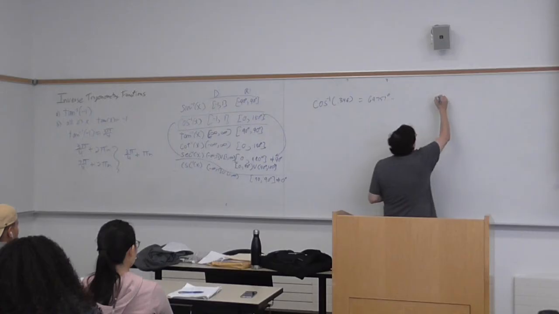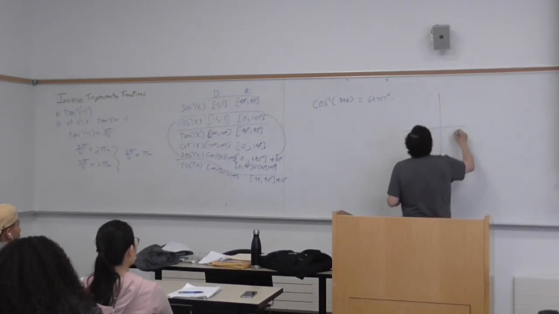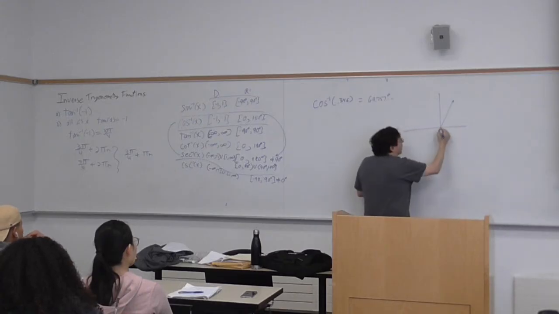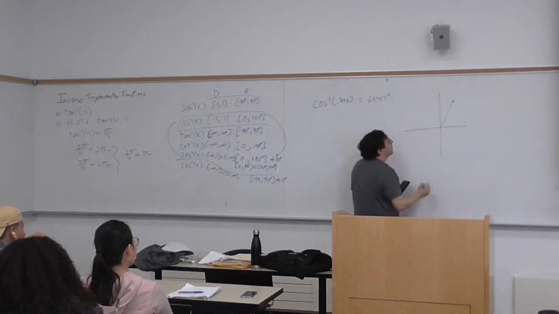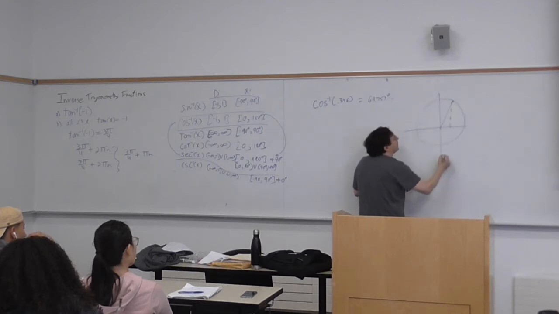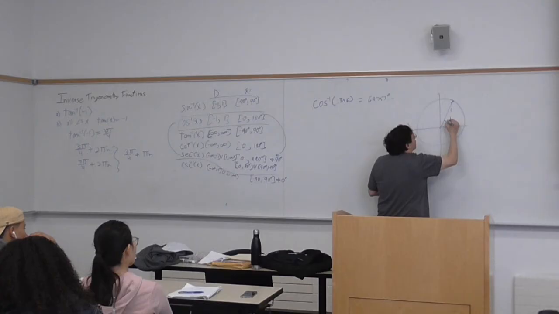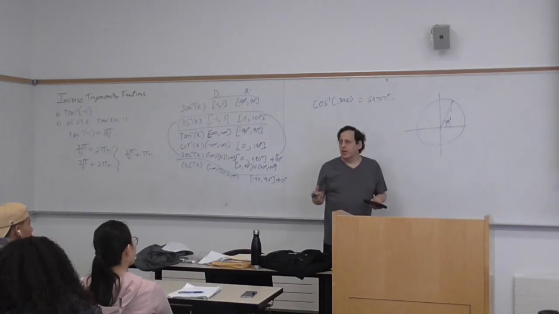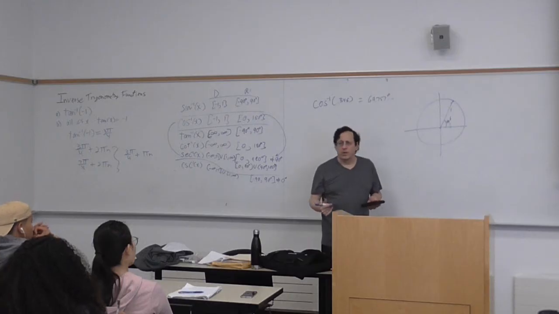But now, I want to think about, right, I have an x value here, on the unit circle. This is 69 degrees. Where can I find my second angle?